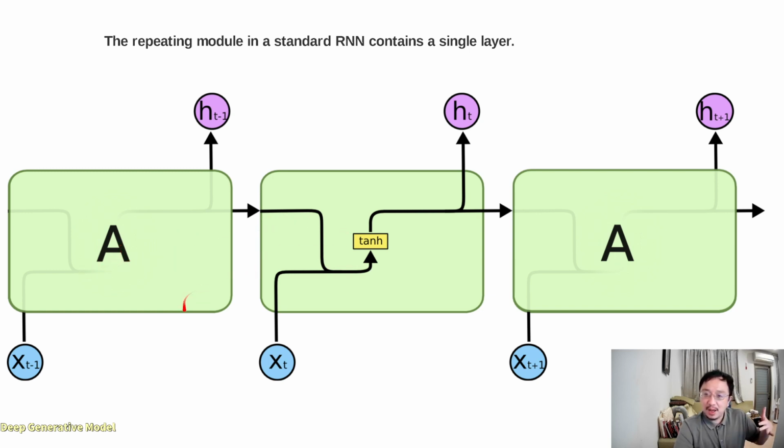So if the relation has a very long length or very distant relation, then it will pass through quite a few or a lot of hyperbolic tangents.